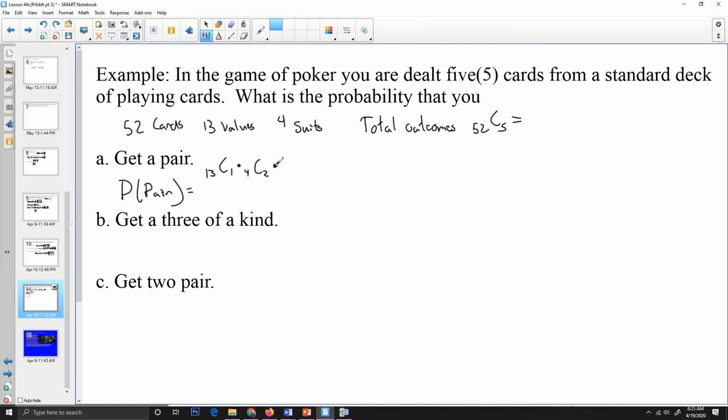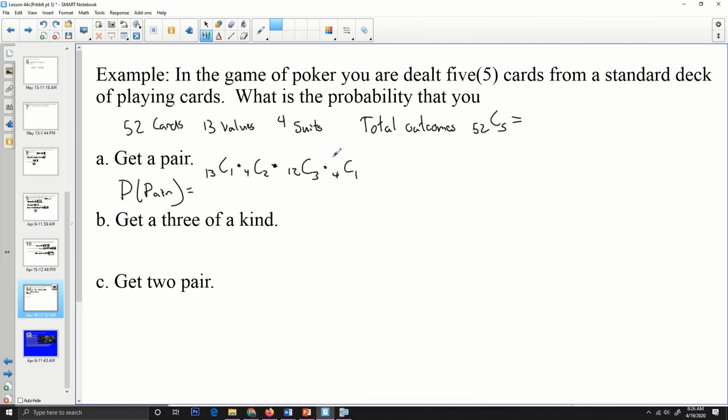Now, if I'm going to get exactly a pair, that means the last 3 cards all have to be different, and they all have to be different than that first card. So there are 12 different values left, of which I have to choose 3. Since I can't have any of them match, for each of those 3 different values there are 4 cards of which I'm going to choose 1.